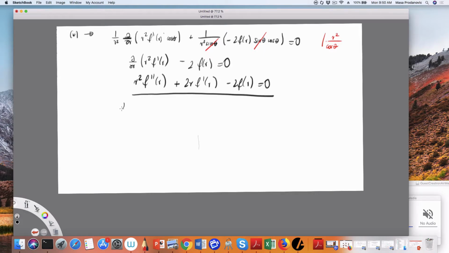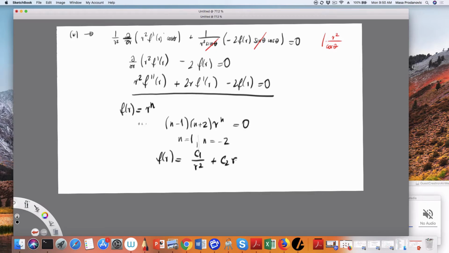So my f of r is r to the n, and then you plug that in, and n minus 1 times n plus 2 times r to the n has to be equal to 0. So either n is 1 or n is minus 2. So the general form of f of r is c1 over r squared plus c2 r.